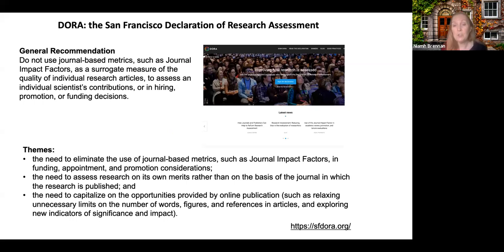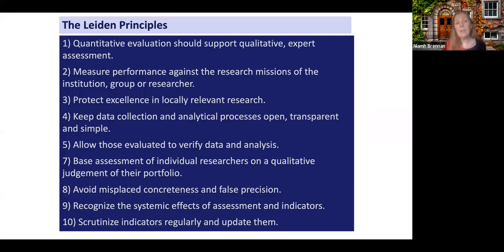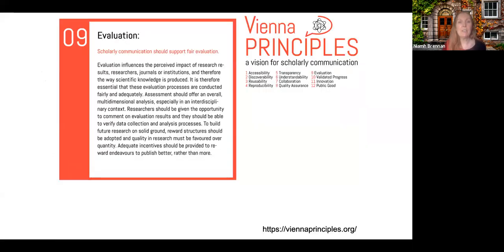Many institutions, funders and individual authors have signed up for DORA. The Leiden Principles, similarly, when you go down to the bottom of it, say avoid misplaced concreteness and false precision, recognize the systemic effects of assessment and indicators, scrutinize indicators regularly and update them. So again, looking for balance and clarity and transparency in the use of indicators.